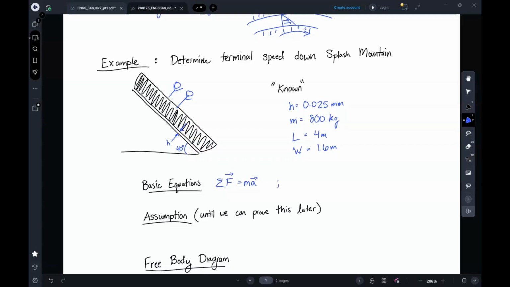And we have our fluids equation, tau yx, the shear stress, equals the viscosity times the slope of the velocity. Our assumption, until we prove this later, we will prove this later, is that we have a linear velocity distribution.